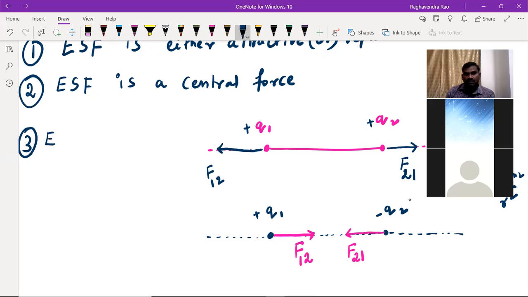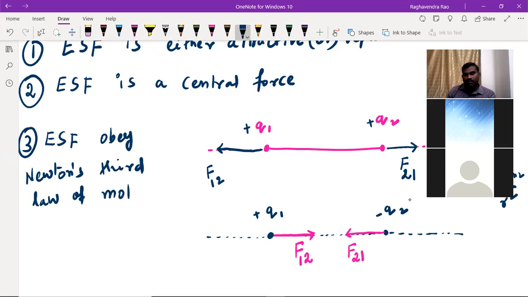Third one. Electrostatic force obeys Newton's third law of motion. What it means, we can write modulus of F12 is equal to modulus of F21, equal in magnitude but opposite in direction.